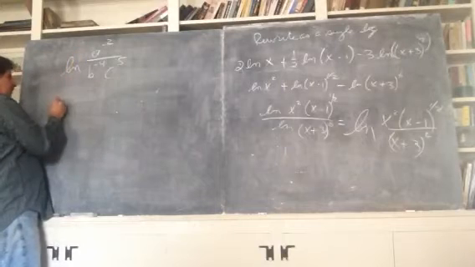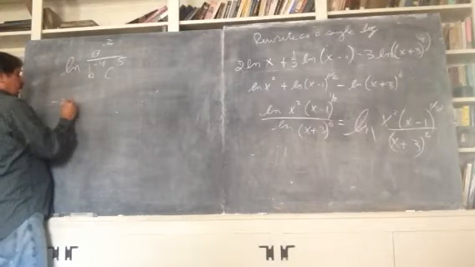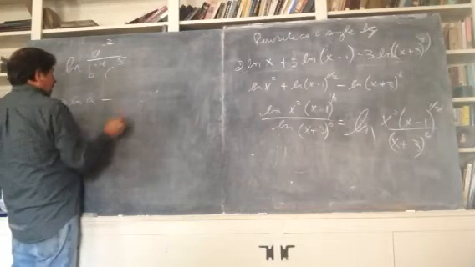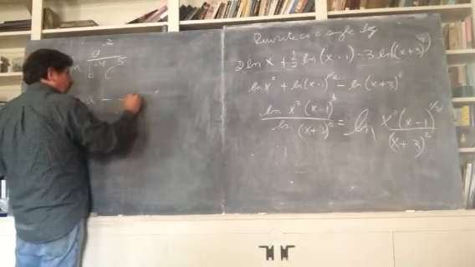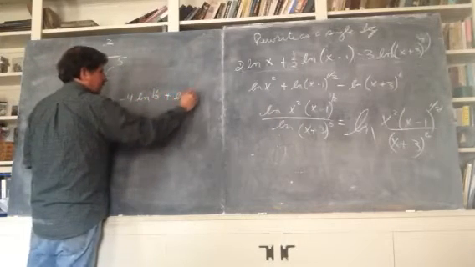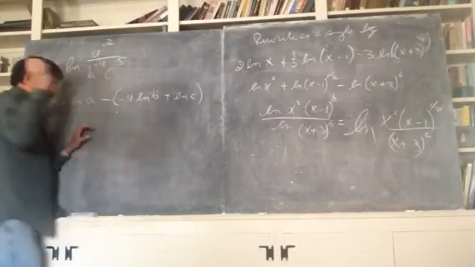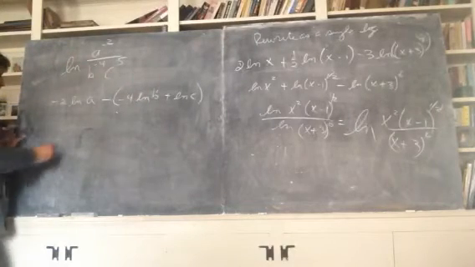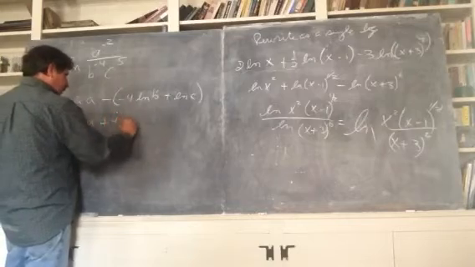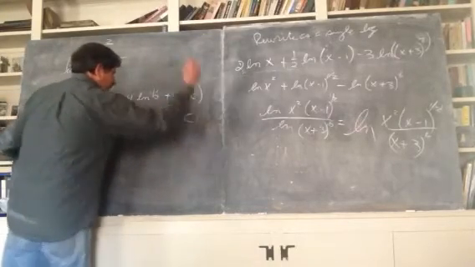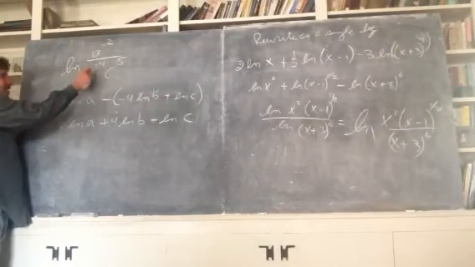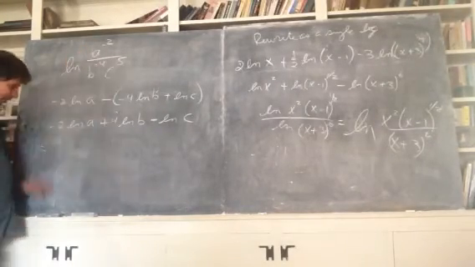This would be negative 2 ln a, minus, because all this is on the bottom, negative 4 ln b, and then ln c. The minus sign has to turn that into a product. So this would be negative 2 ln a plus 4 ln b minus ln c. Because it's negative, the a should be down here, backwards.